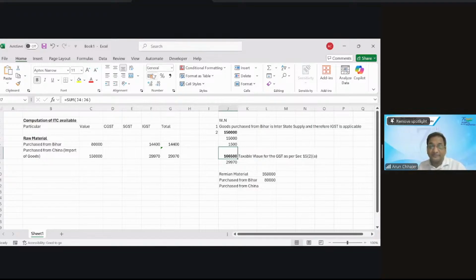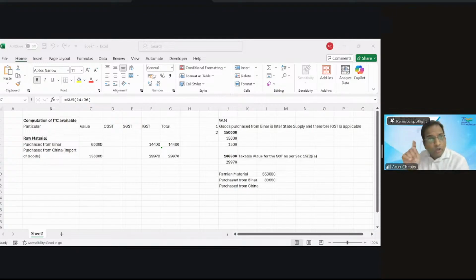But Saminathan, I do agree. We are not calculating on a forward basis, we are calculating on a reverse basis. I am saying that your total purchase is 3,50,000, and I'm also saying this 350 does not include any type of taxes.